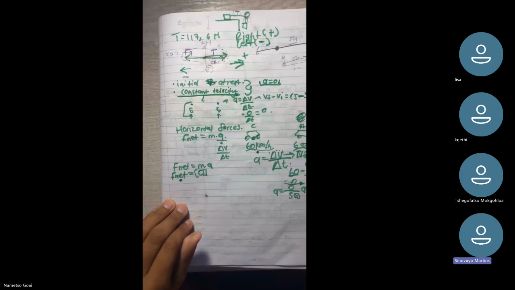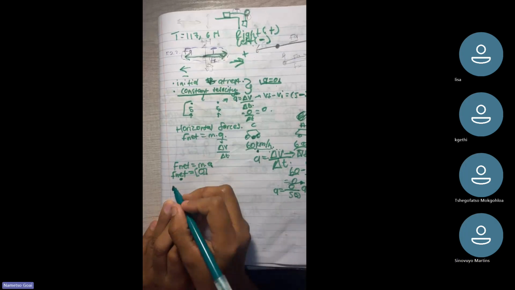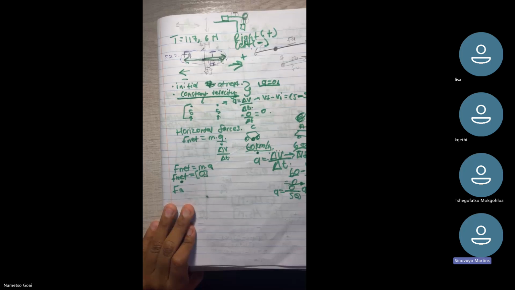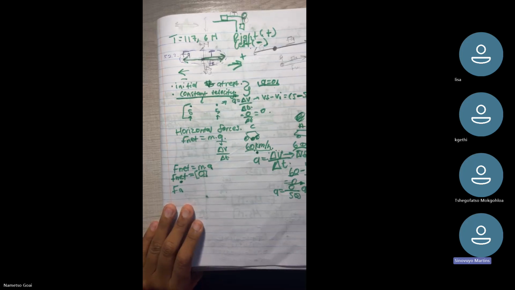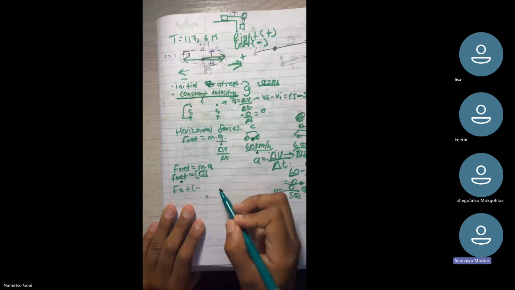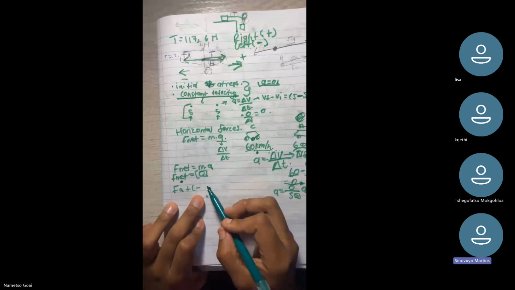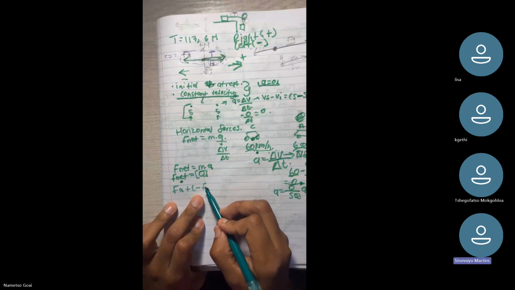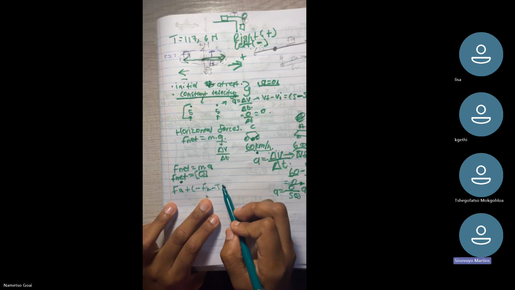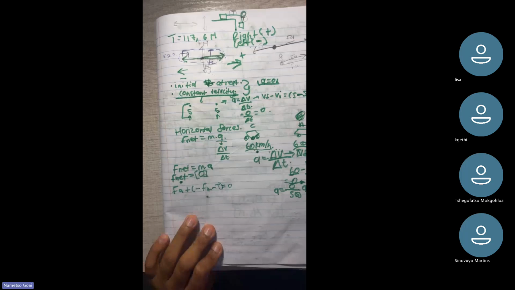F applied, okay, then F applied plus, open the bracket, then minus T minus FK equal to 0. Minus the T as well. Yes, ma'am. Okay. This is actually correct.